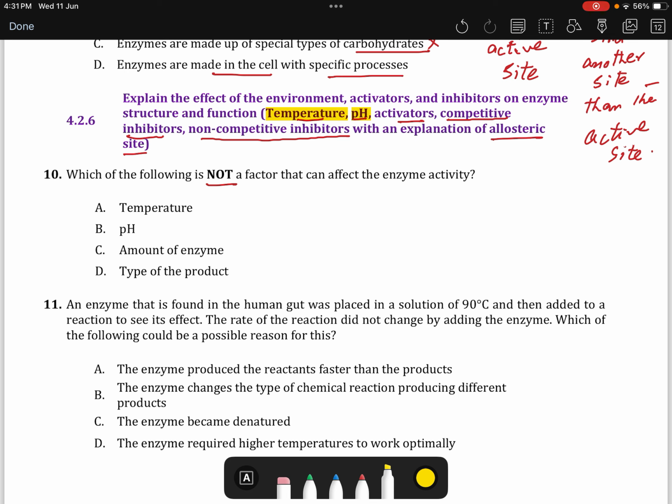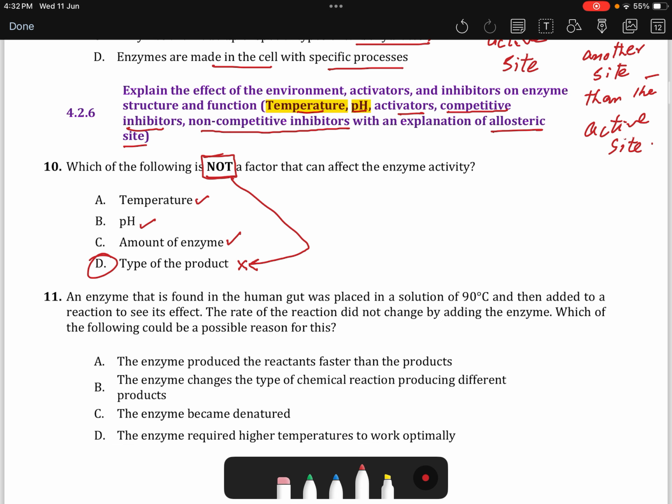Amount of the enzyme can actually be one of the factors, and type of the product is not a factor. We want to find the one which is not, so this is the answer. Type of the product does not affect the activity of the enzymes.